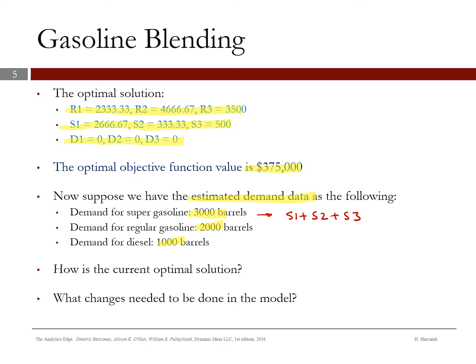This is the total production of super gasoline from the three types of crude oils, right? So this should be less than or equal to 3,000, right? And we would have the same constraint for the other two products, okay?